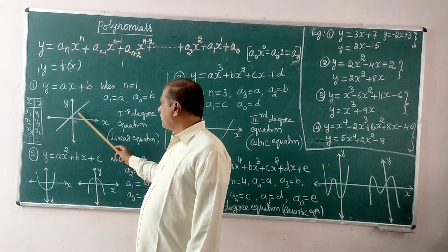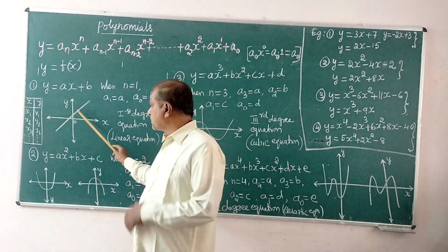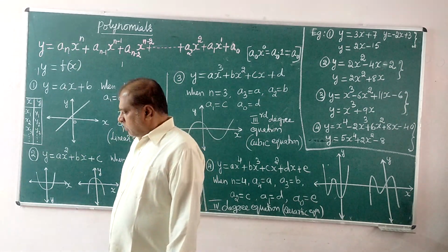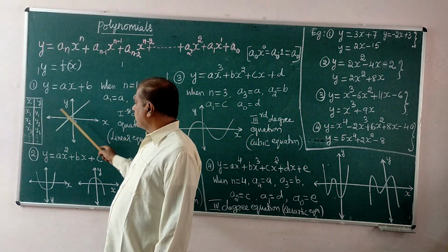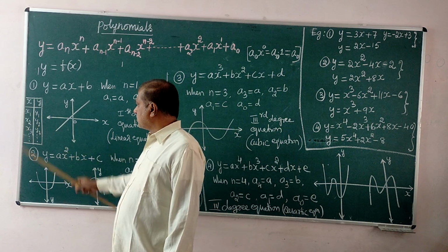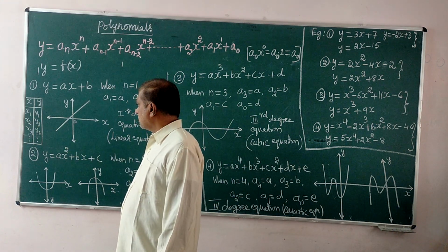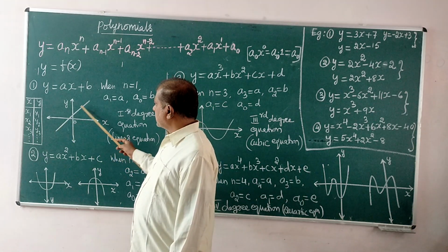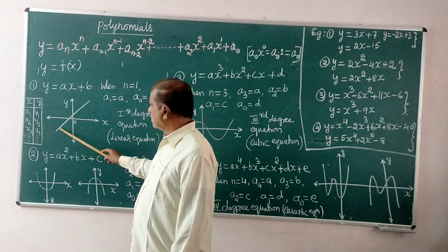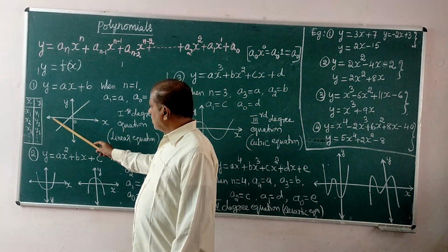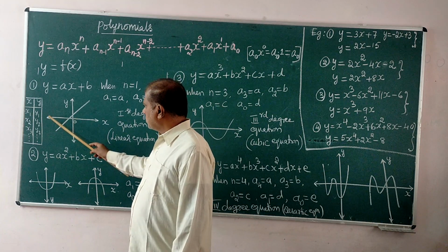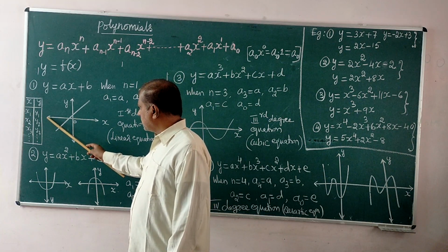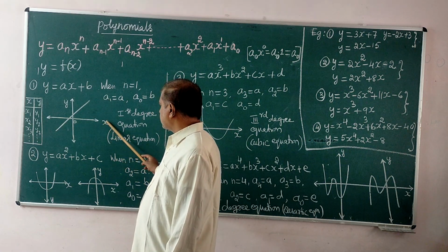This is a graphical representation of variation of y with x. It says how y varies with x. Your line says that the value of x is increasing from this point to this point.